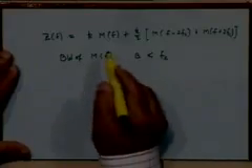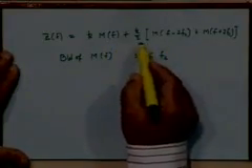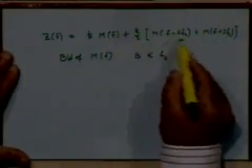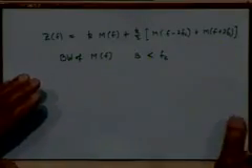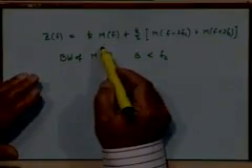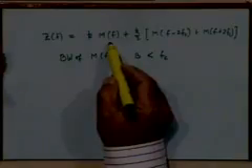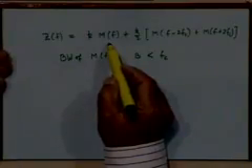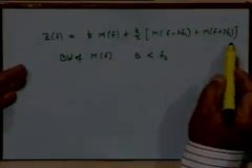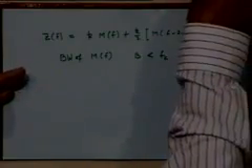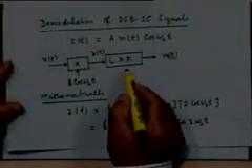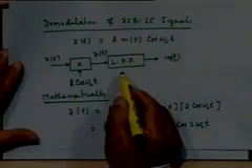So these are non-overlapping spectra. This portion of the spectrum is in a much higher frequency band, well removed from the spectral support of M of f. Therefore it will be very easy to separate this out by just putting a low pass filter. So this low pass filter should have a bandwidth of how much?